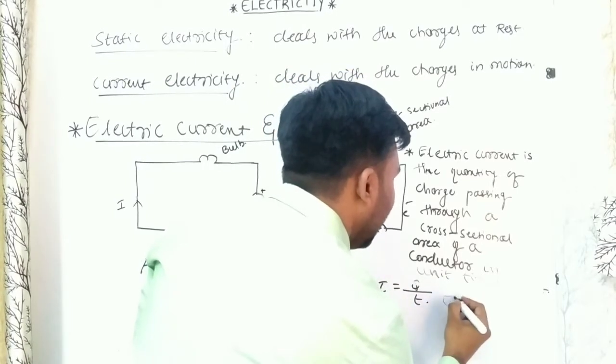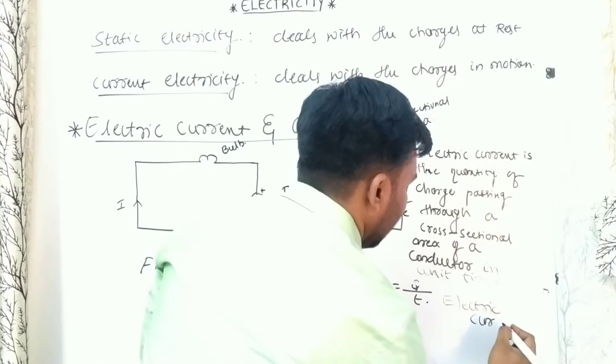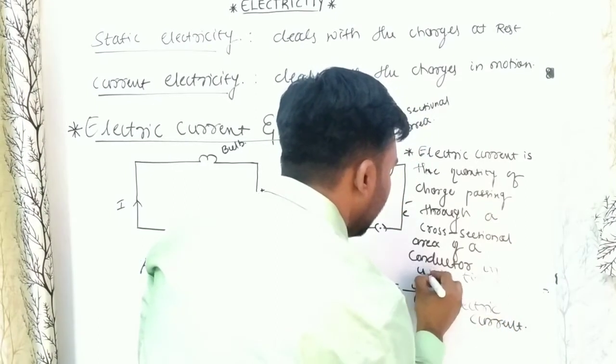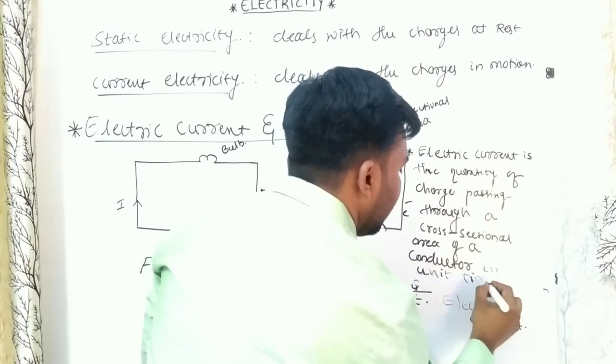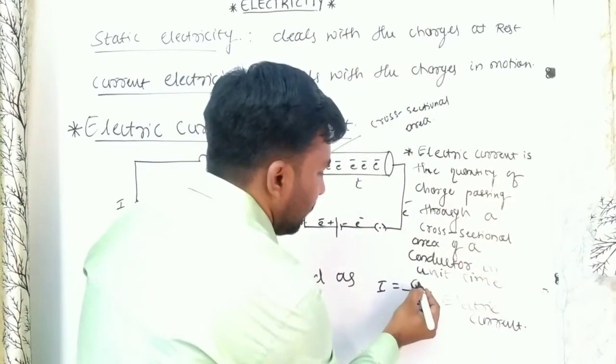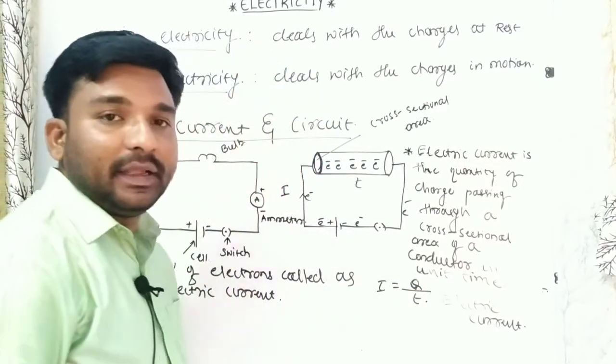It is called electric current. Symbolically, I is equal to Q divided by T.